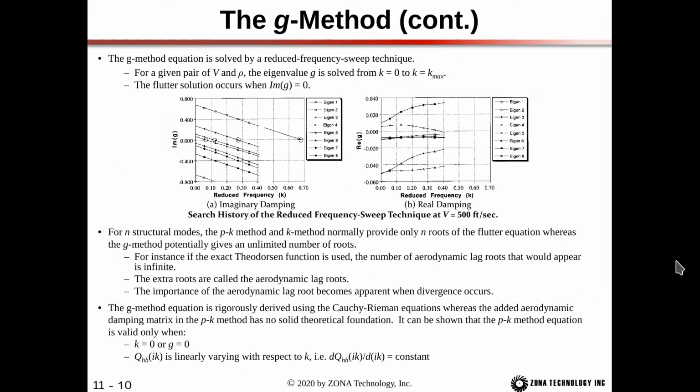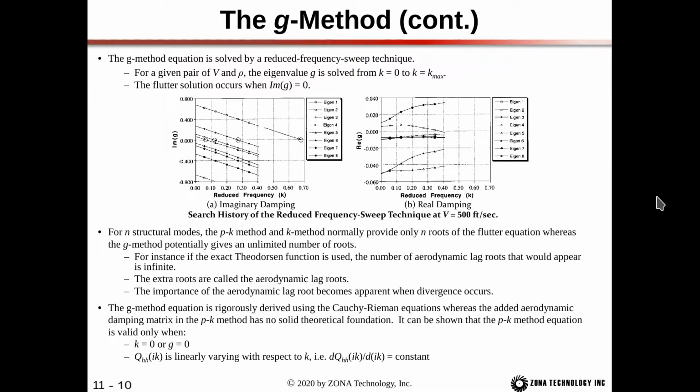Now the G method equation is solved by a reduced frequency sweep technique. So for a given pair of V and rho, the eigenvalue g is solved from k equals 0 to k equals k max. And the flutter solution occurs when the imaginary part of g equals 0. And that's circled here. So these are the flutter solutions.